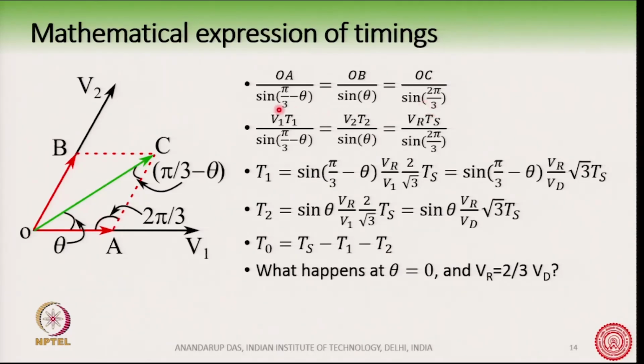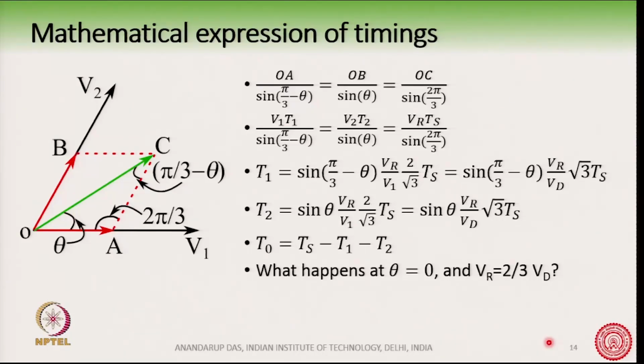That is what we have written here, from the basic geometrical analysis. So, OA by sin(pi by 3 minus theta) is equal to OB by sin theta, is equal to OC by sin(2 pi by 3).